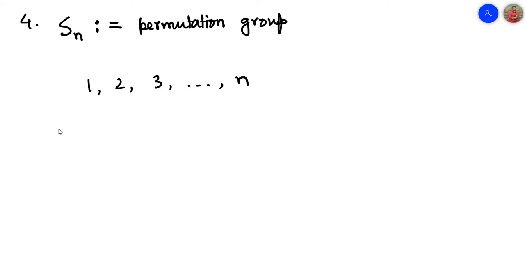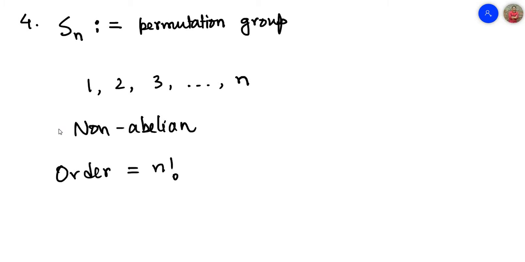And this group is non-abelian in general. So generally, 2 of its elements do not commute with each other. And also, the order of this group is n factorial, because there are n factorial ways to rearrange n numbers.